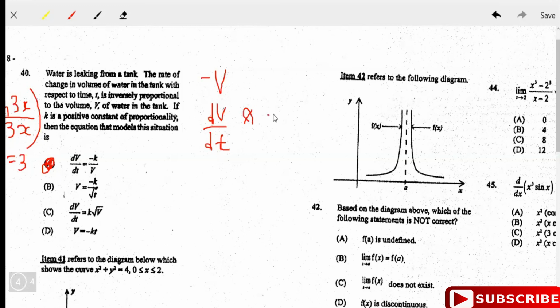So it's inversely proportional to 1 over V. And so therefore dV/dt is equal to the constant of proportionality, which is K, over V. And it is minus K, because K times minus 1. That's alpha.